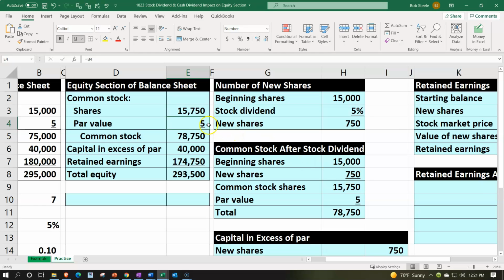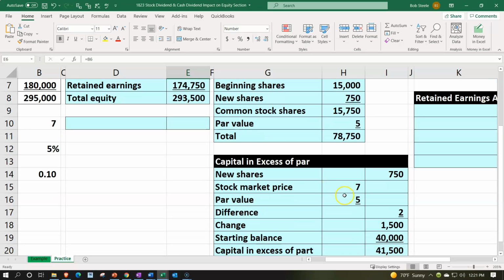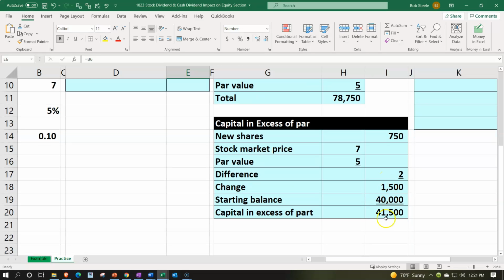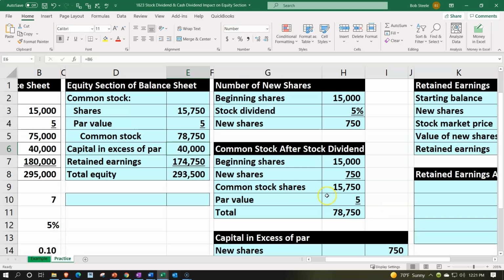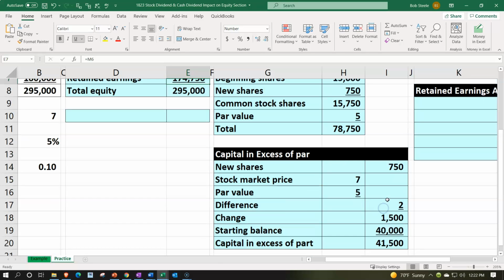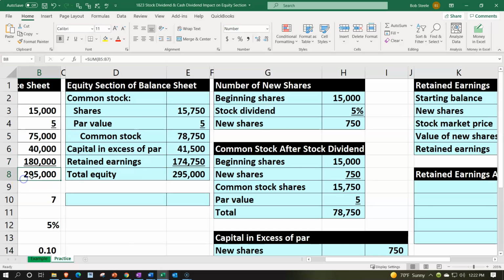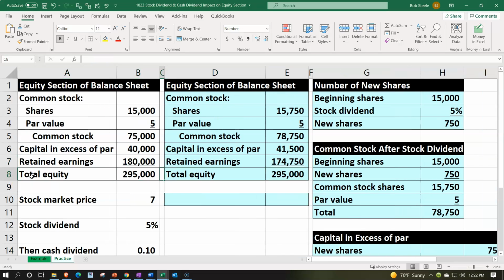We could see that 5 of the $7 has been accounted for here due to the fact that the par value is $5. So that means that's why the capital in excess of par calculation took care of the difference, the other $2 on that 750 change that needed to take place to get us that 41,500. So this is going to be equal to that 41,500. And you can see that gets us back to the same spot. So we're at the same spot after the stock dividend.